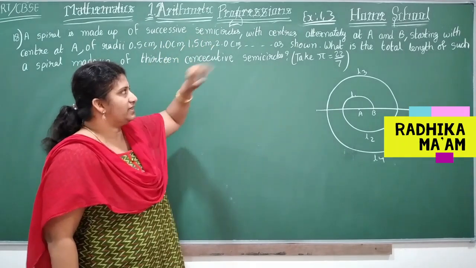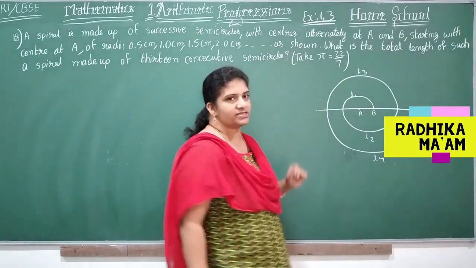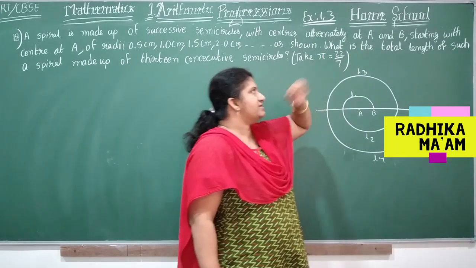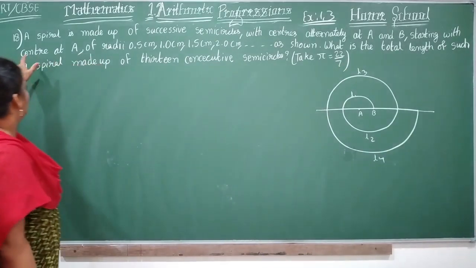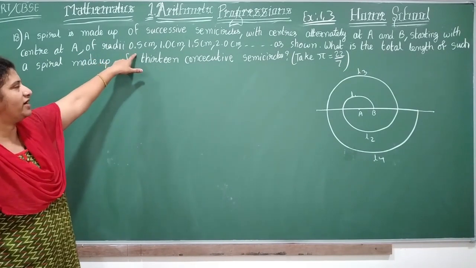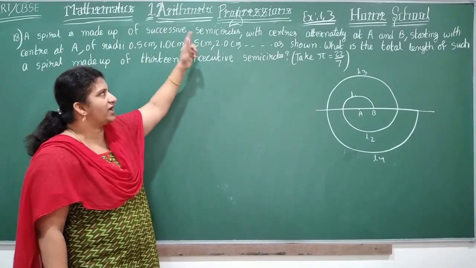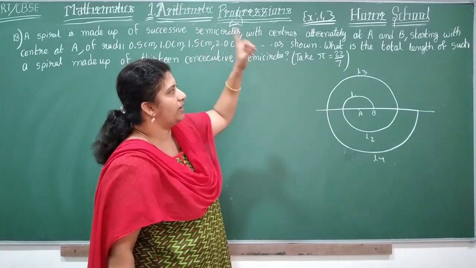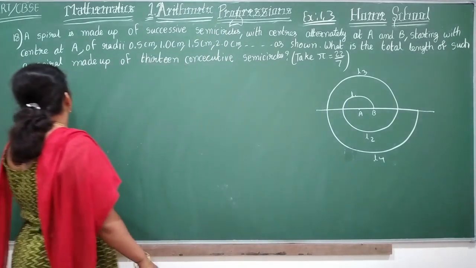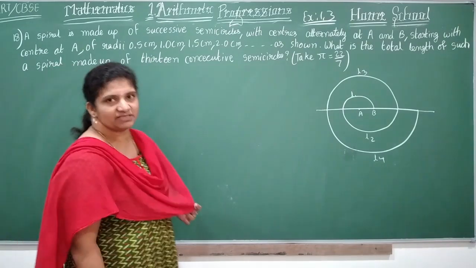Successive semicircles with centers alternatively at A and B, starting with center at A, of radius 0.5 centimeters, 1 centimeter, 1.5, 2 centimeters, and so on, as shown. What is the total length of such a spiral made up of 13 consecutive semicircles?